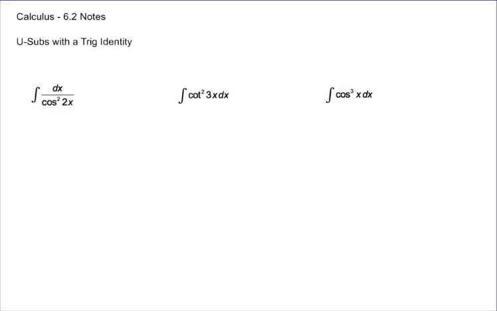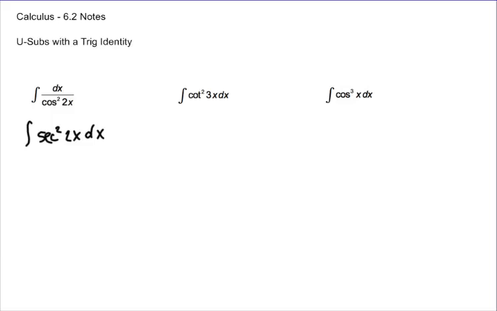Okay, so one trig problem isn't enough. Here's 3 more with some u-subs in tow. And, you know, the integral of dx over cosine squared 2x, not one I carry around in my back pocket. But an equivalent statement to this would be secant squared 2x dx. Now, this has promise because I know how to integrate secant squared.